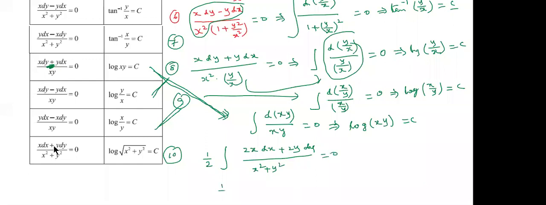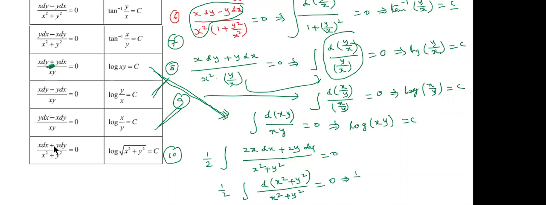And 1 by 2 into the numerator, that is the derivative of x square plus y square divided by x square plus y square. This is in the form of integration f dash of x by f of x only.